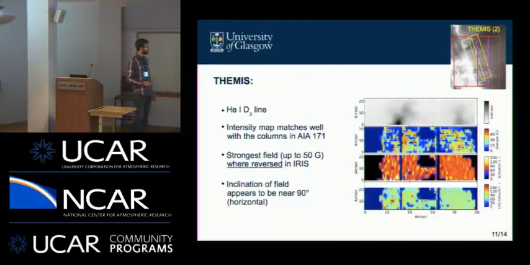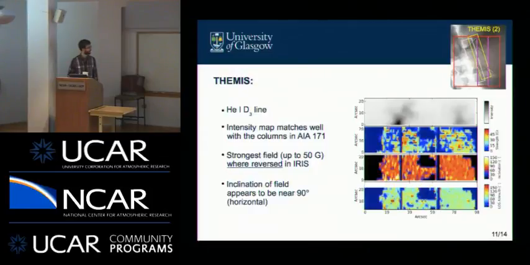The other thing I would like to point out here is this panel, which is the inclination of the field. Now you see it's pretty much orange, and that means that it's 90 degrees, which is horizontal, and horizontal in this case is parallel to the limb. So we have pretty much horizontal magnetic fields everywhere. The same is true in the other THEMIS run, which I've not shown here because of time constraints. So this is really nice.